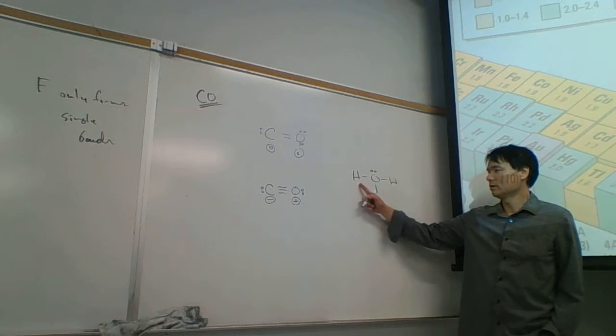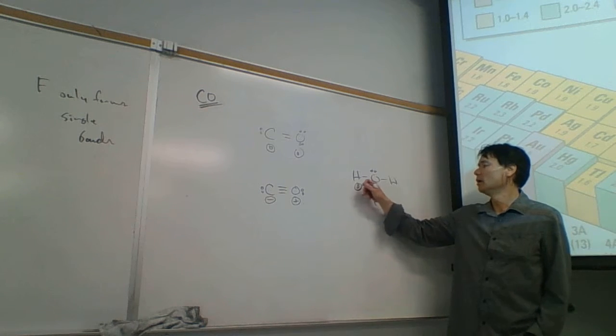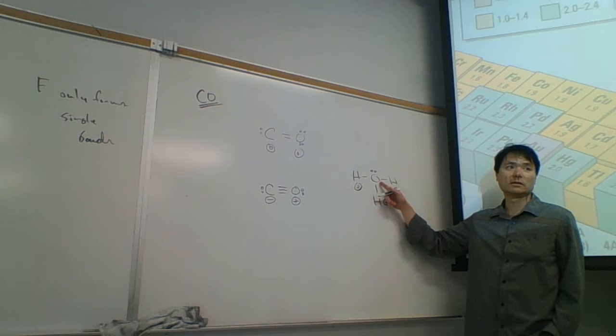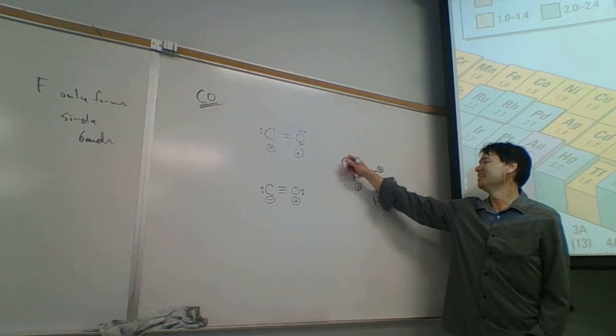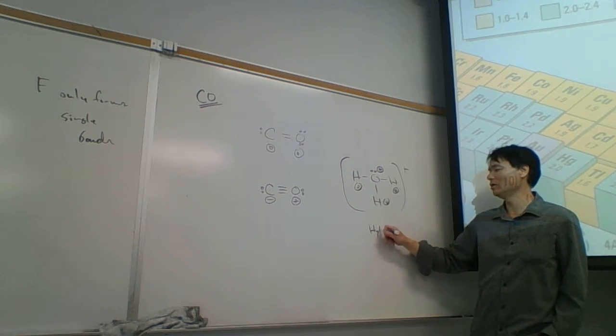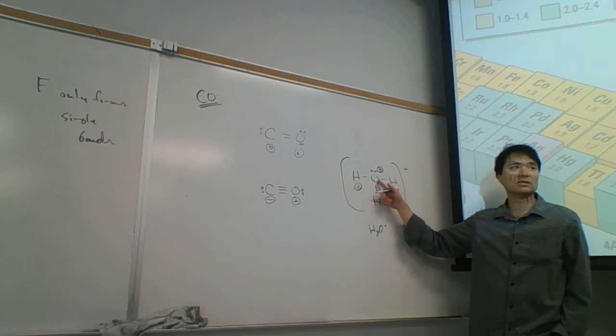On hydrogen, is there any formal charge on hydrogen? No. Oxygen, is there a formal charge on oxygen? Yes. What is it? It's plus. This whole thing carries a positive charge. This is called H3O plus. That positive charge is on oxygen.